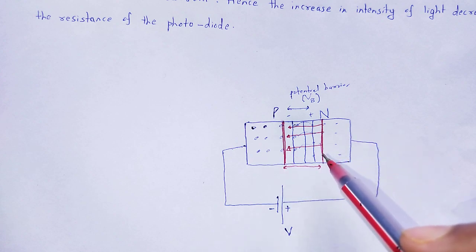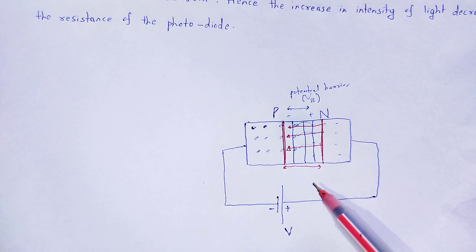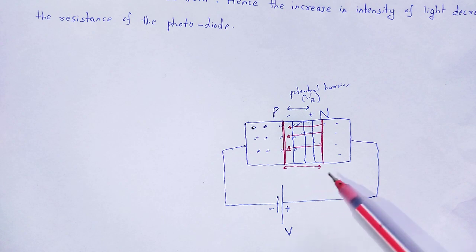That current is the reverse current. Then the question arises, for what time duration does that reverse current flow through the junction?